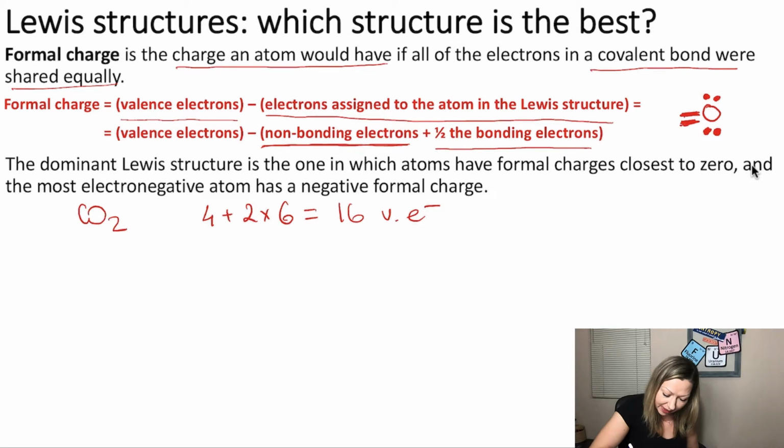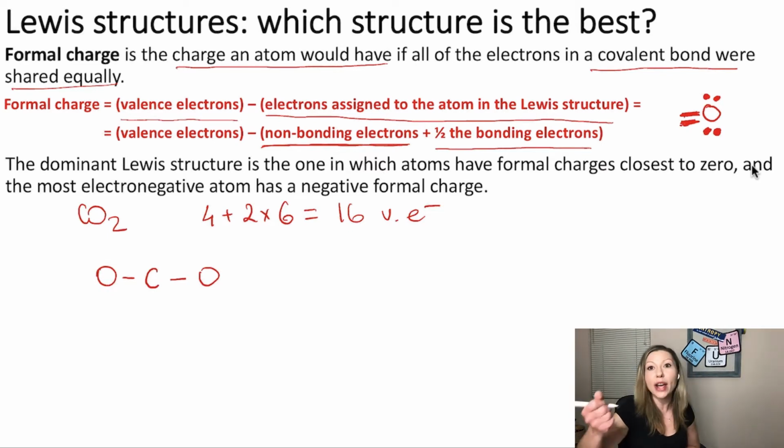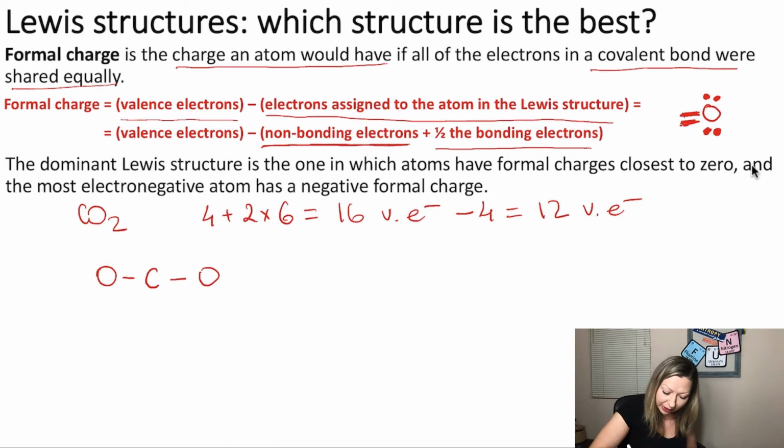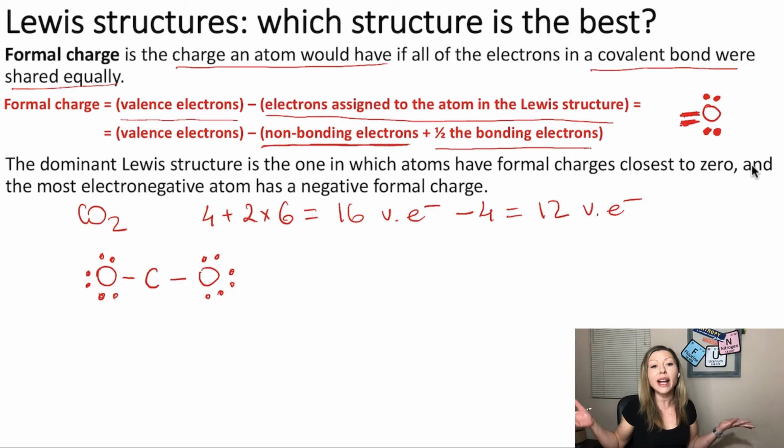Okay, carbon is the central atom, and I'm going to draw the bonds to the oxygen atoms. So I used up 4 electrons in the 2 bonds already. Let's keep track of that. So I still have 12 valence electrons to work with. Now I have to complete the octets for the oxygen atoms, right? Like so. So I used up a total of 12 electrons, and all my electrons are gone.